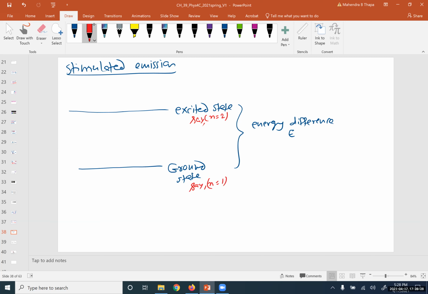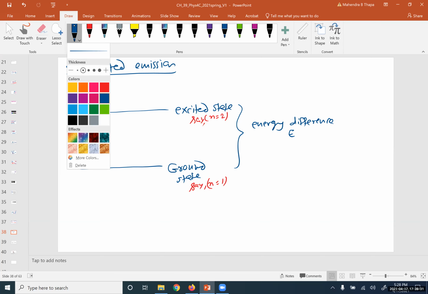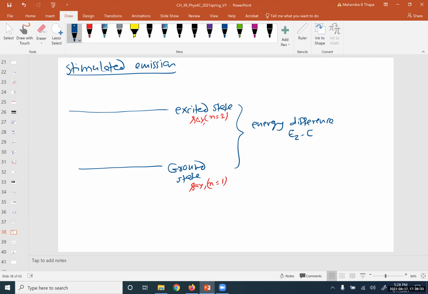If this is the case, then E2 minus E1 equals hf, energy hf. Say I have an electron in the excited state.